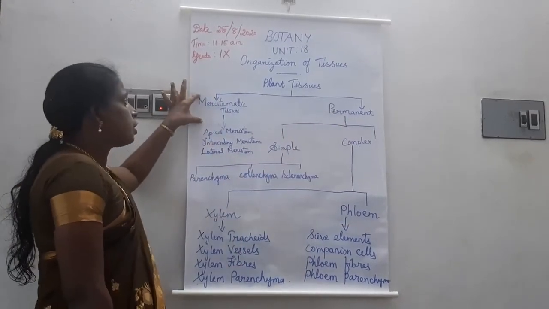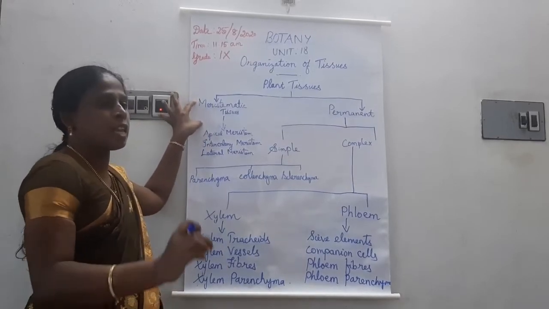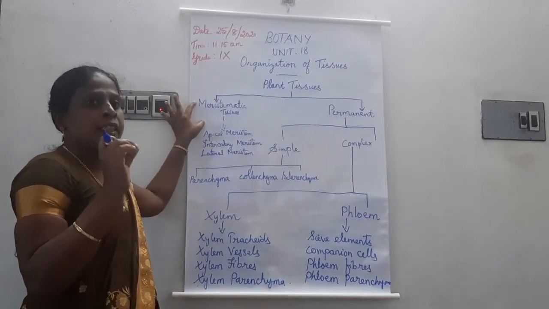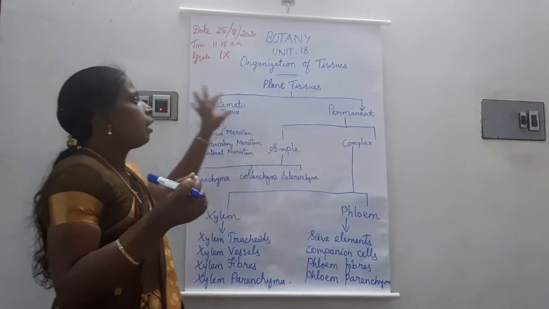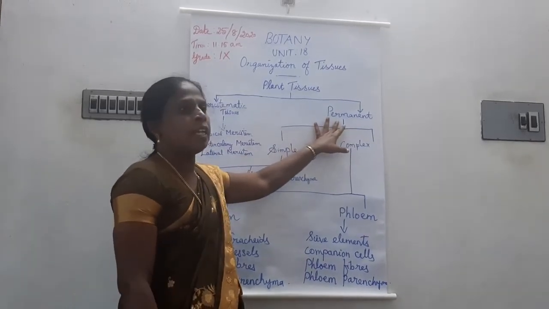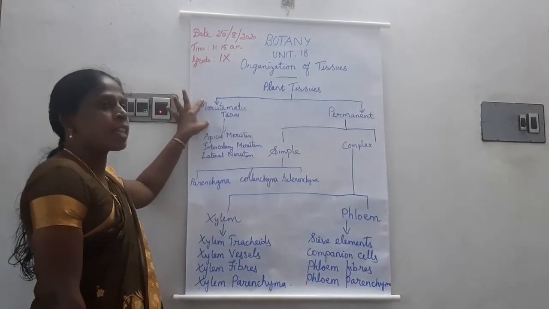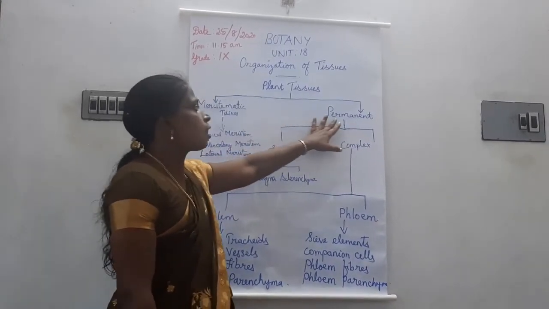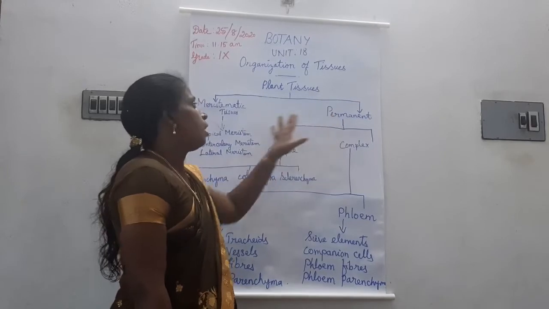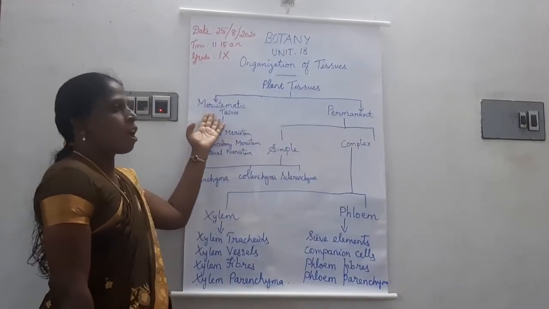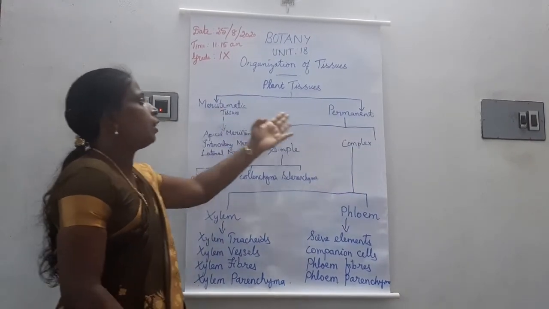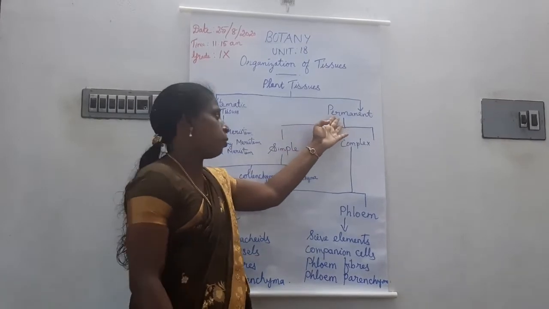In meristematic tissue, the cell walls are thin and elastic. Here the cell walls are very thick. Here the cells are smaller in size. Here the cells are larger in size. Here the nucleus is prominent and here the nucleus is less conspicuous.